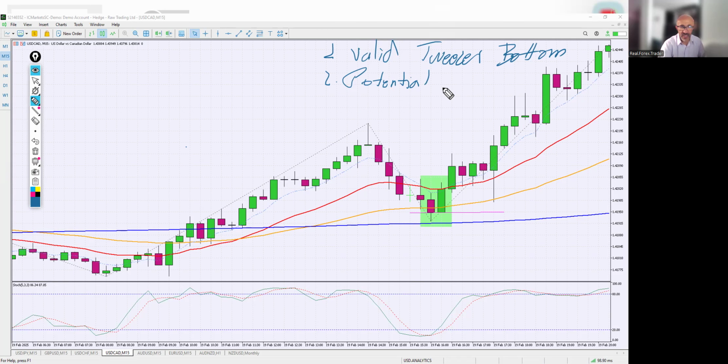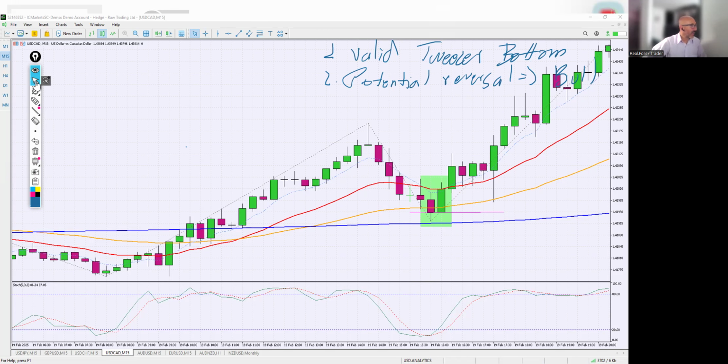Nothing is for certain. Here's basically an analysis that I'm working on in order to determine if the pattern here, this tweezer bottom, is valid or not. So in this case, there is a potential reversal to what? To bull.